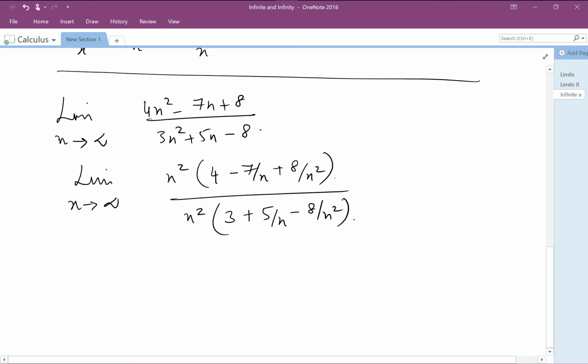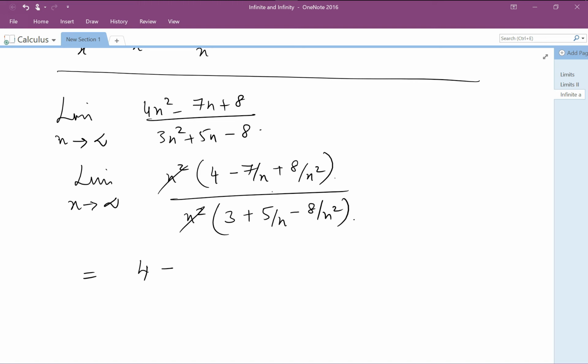Now let's actually substitute it. What happens? N square is cancelled. So 4 remains as it is. Now 7 by infinity is what? Actually, we should not read it like that. We should say as n goes towards infinity, what happens to 7 by n? It is as good as saying 1 by x.